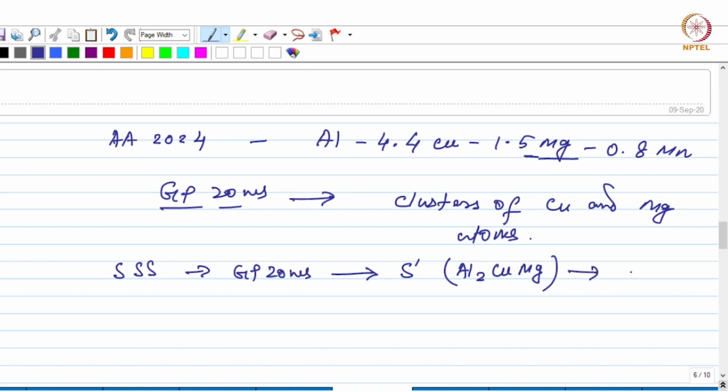And after that, the equilibrium phase will be S, which is similar in composition to the S prime. So this is going to be the precipitation sequence, and the precipitate will be S prime when you have magnesium present along with copper.